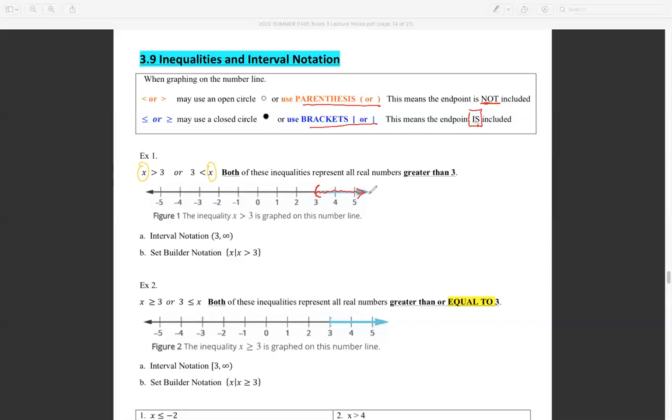And then it goes forever to the right. Forever to the right is represented by infinity. And you always put a parenthesis next to infinity. Parentheses always go next to infinity.